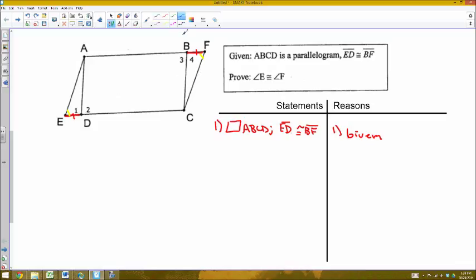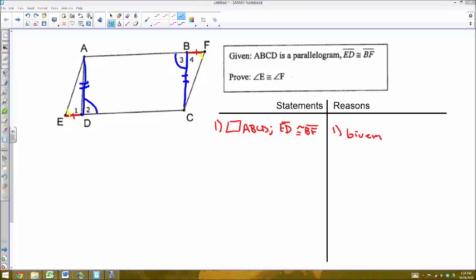Well, in order to get those triangles congruent, I'm going to use the fact that the opposite sides of a parallelogram are congruent, which will give me an extra side in those triangles, and I'm also going to use the fact that the opposite angles of a parallelogram are congruent. And I'll show that angle 1 and angle 4 are supplements of those angles, and then supplements of congruent angles are congruent, give me a side-angle-side relationship.